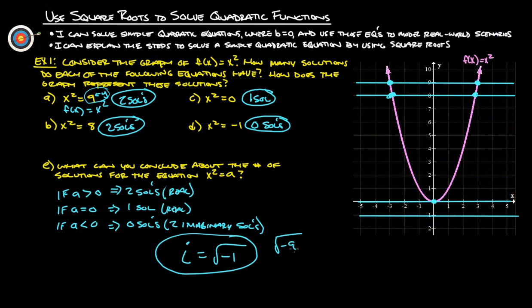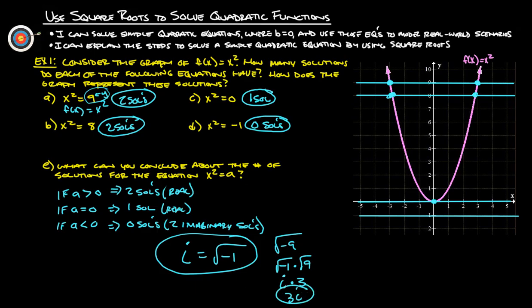So what we can do is split this up into the square root of negative 1 times the square root of 9, because we know the square root of negative 1 is now just plain old i. The square root of 9 is 3. And what we always do is write the real numbers and then the imaginary numbers after it. So the solution to this would be 3i.